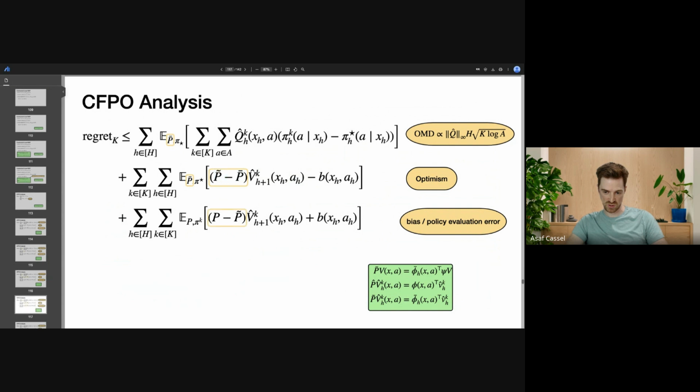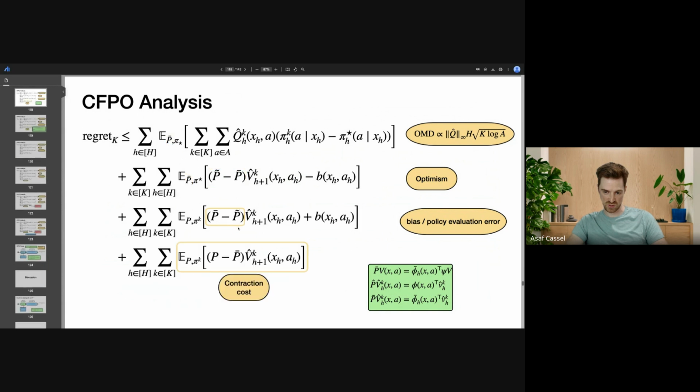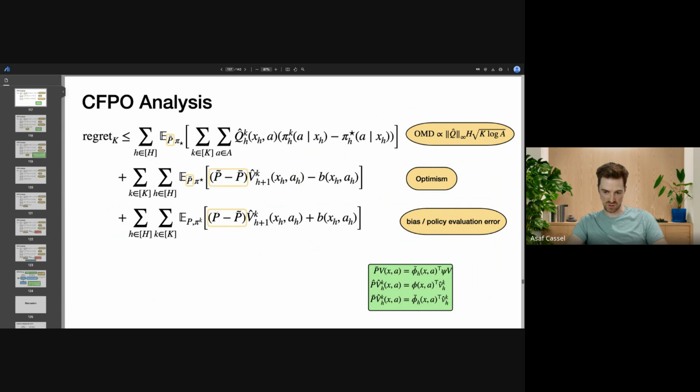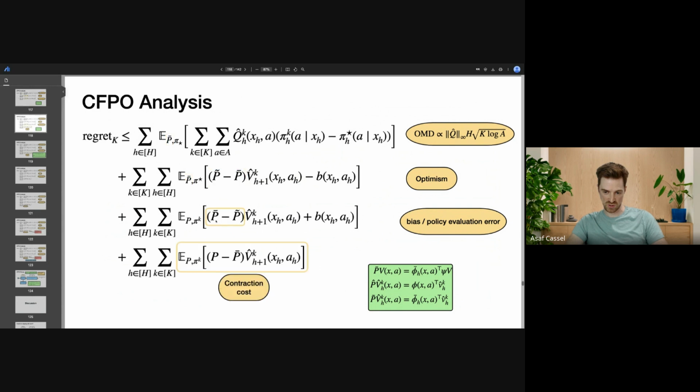And in the bias term, it actually stays the same. You just get, again, the contracted features. And because you have the true MDP here, in the way that Sherman et al. did, you just add and subtract the contracted transitions.